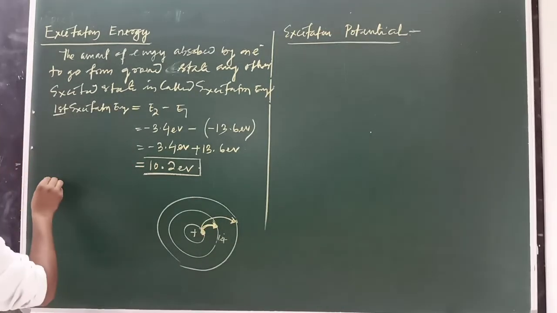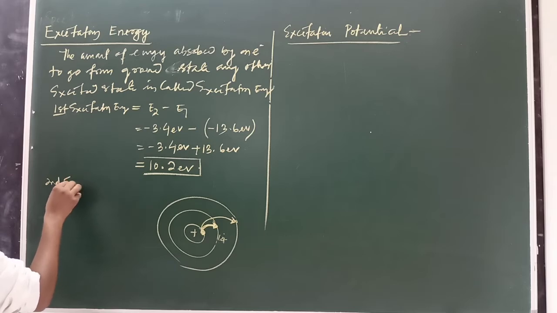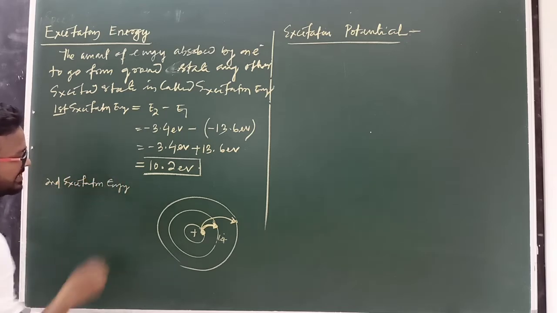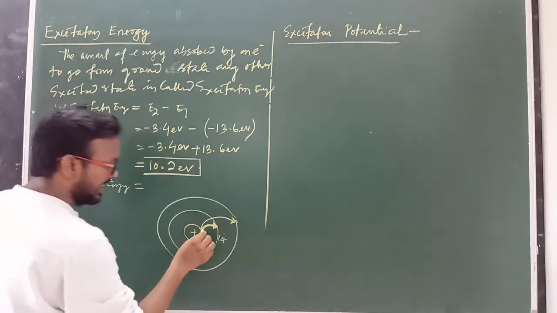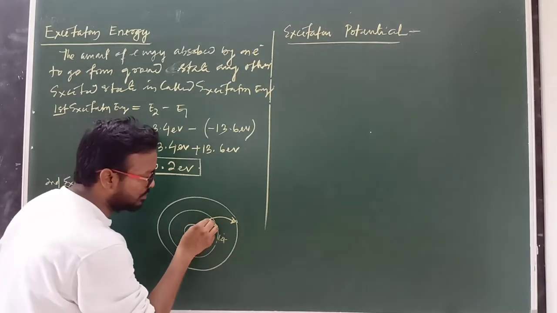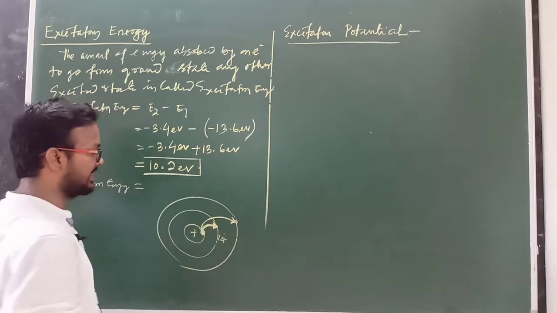Clear? Or when the electron jumps, we can write the second excitation energy. In this case, when the electron absorbs some amount of energy, it goes from the ground state to the second excited state.